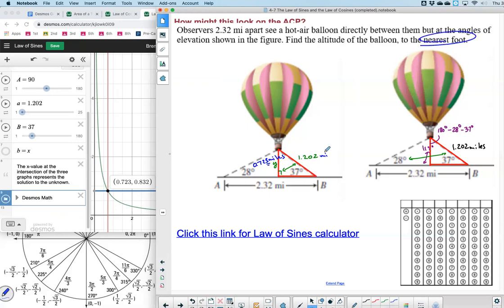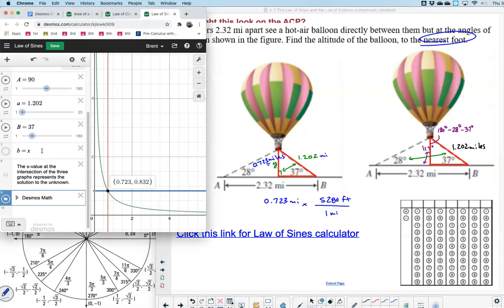We want the answer to the nearest foot. So 0.723 in miles. If you want to convert, for every 1 mile, there are 5,280 feet. I heard a student once say it's 5 tomatoes, 5 to 8 O's, 5 to 8 O's, 5 tomatoes. That's what it sounds like. And so if you multiply across, we should get our solution here.